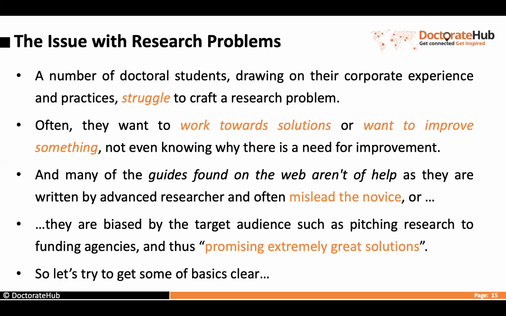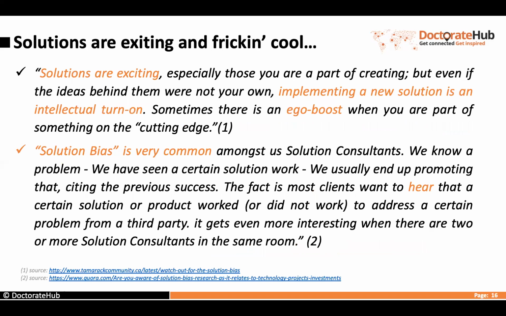And there you go off, and 99.9% of your time you will spend on trying to work towards a solution. Meanwhile, from a research perspective, 99.9% you should be spending on the research problem. Now, unfortunately, solutions are much more exciting, and it is very rewarding, and at times it's also very urgent to come up with solutions.